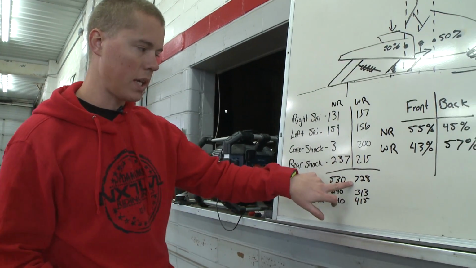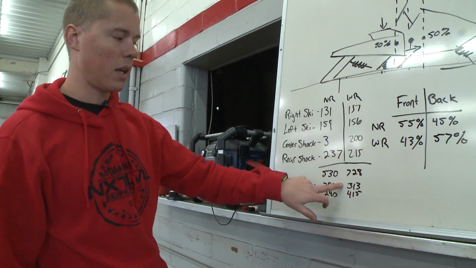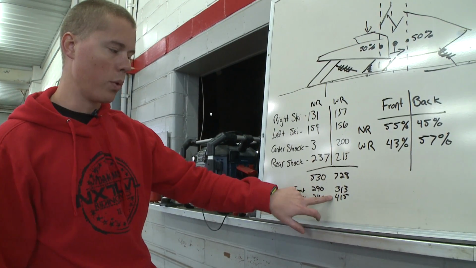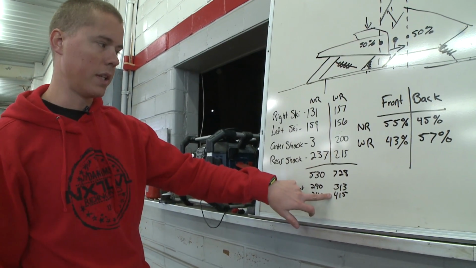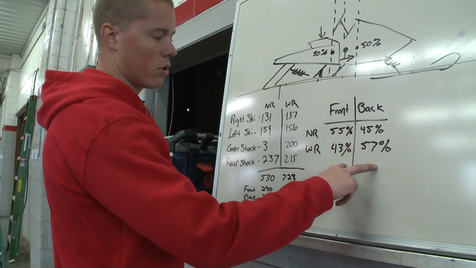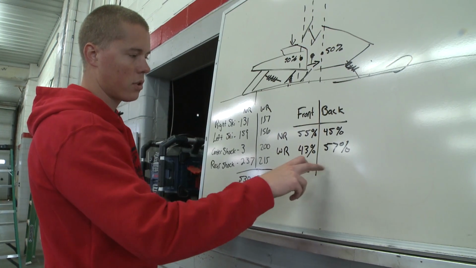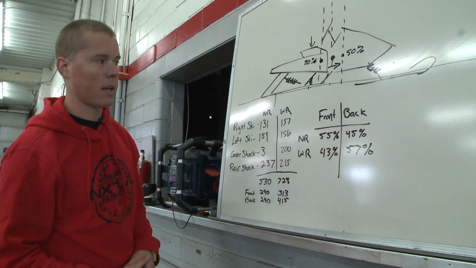Final number 728, so that's almost the 200 pounds of my rider weight. The front combined is carrying 313 of that, and the rear suspension is carrying 415 of that, with a final percentage distribution of 43% with rider to the front suspension, 57% to the back.